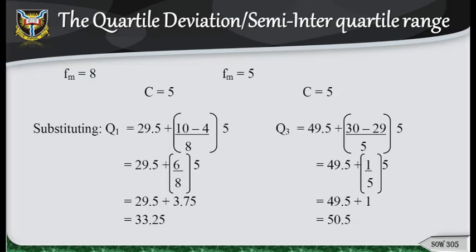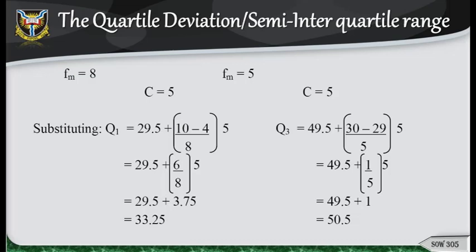Substituting, Q1 is equal to 29.5 plus, open bracket, 10 minus 4 over 8, close bracket, times 5, is equal to 29.5 plus, open bracket, 6 divided by 8, close bracket, times 5, equals 29.5 plus 3.75, equals 33.25.